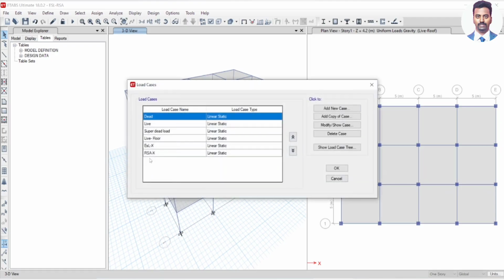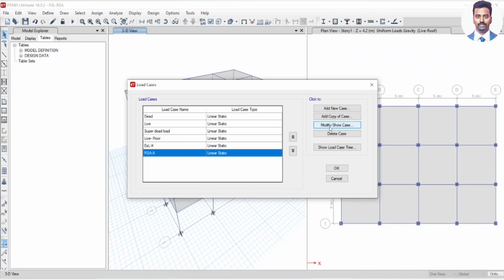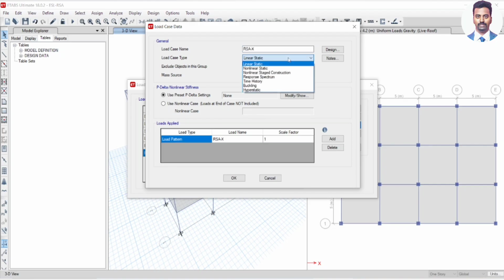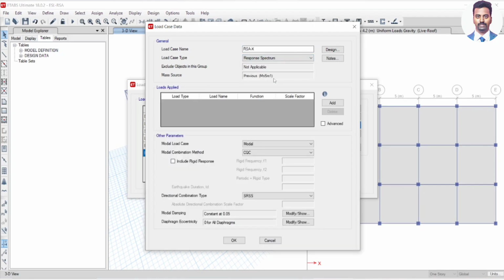In load cases, all the load cases are linear static. Now here for response spectrum, we have to modify this and provide it as response spectrum. So it will provide the dynamic analysis here.